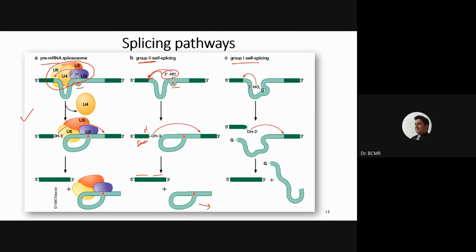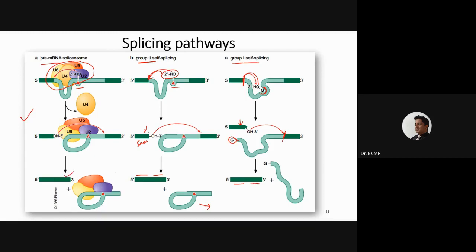Group 1 self-splicing is a little bit different. It makes a microenvironment where a guanosine in GTP is present, and it is properly oriented in such a way that its 3' OH can be activated, and that 3' OH will make an attack at the 5' splice site, and this is the G that is now covalently attached. And you have the 3' OH of the exon, which will now be spliced with the subsequent exon, and that is how splicing occurs.